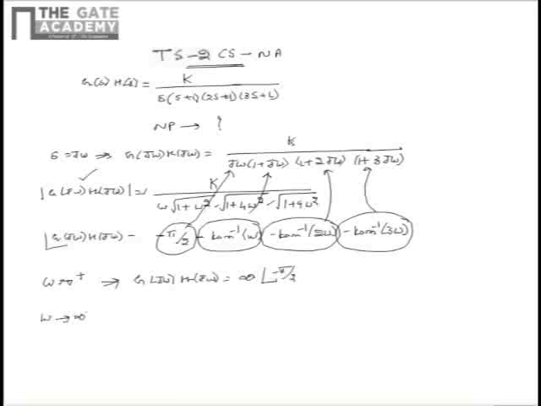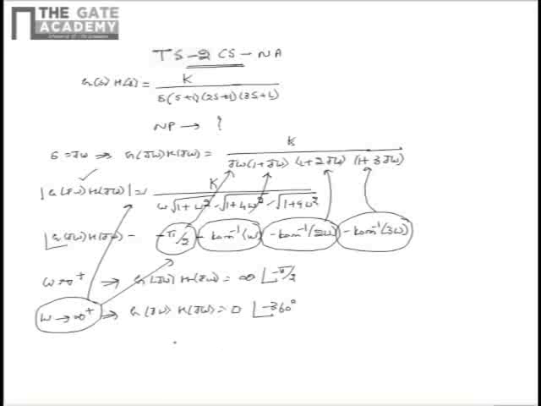Similarly, as omega tends to infinity, G(j omega)H(j omega) can be written as 0 at a phase of minus 360 degrees, because at omega equal to infinity, the magnitude is 0 and the phase is minus 360 degrees. From this, we can plot the Nyquist plot of the control system.